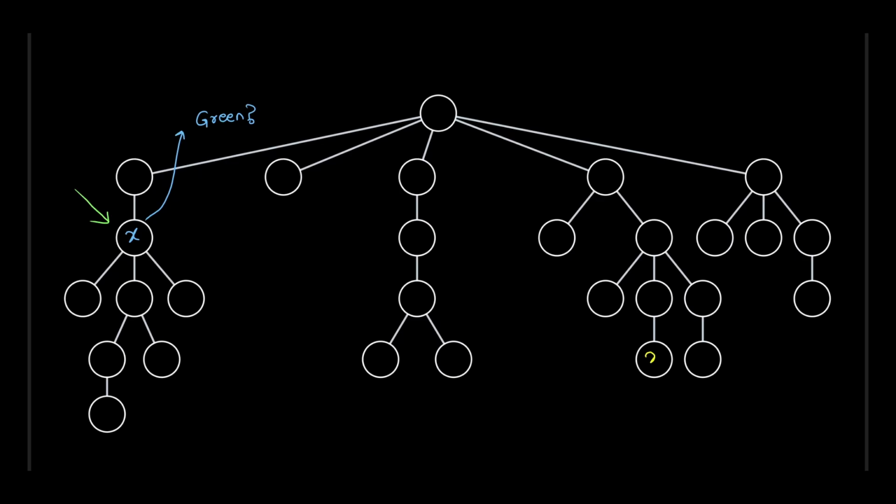Suppose this node is S, which is the starting point. Then if your goal is to turn this green, you can see that you can apply a greedy strategy.